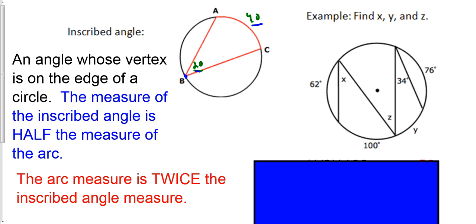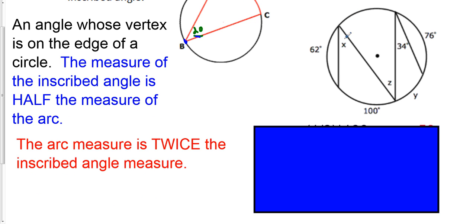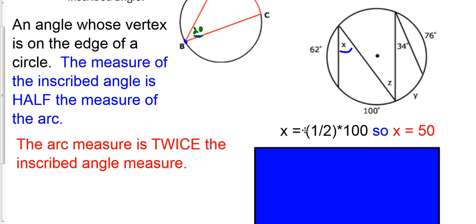Okay, so let's use that in our example here. We need to find x, y, and z on this circle. The first one we'll look at, right here we have x is an inscribed angle, and its arc measure over here is 100. So how would we set that up? We'd say x is half of 100, so x equals 50. That one was pretty simple.